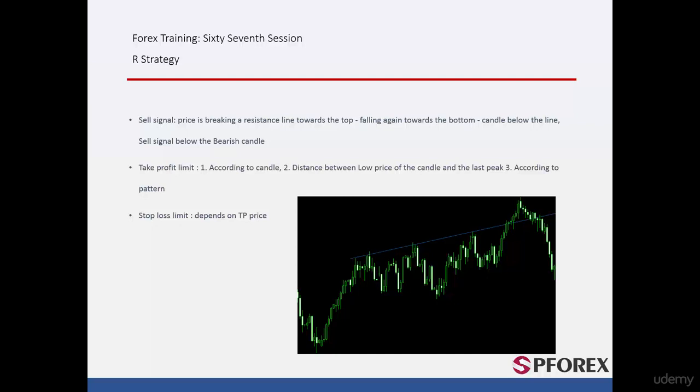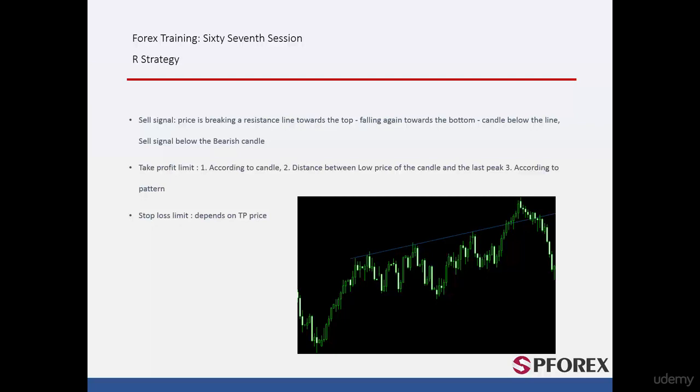Thus, a trader can consider TP price x2 pips lower than the entry price. 3. If a powerful pattern forms in this region, a trader can consider the third TP price via this pattern. SL price can be determined considering the TP price that the trader selects.